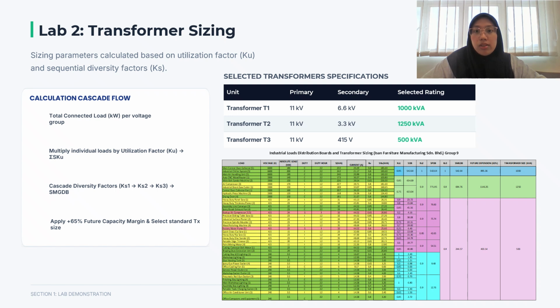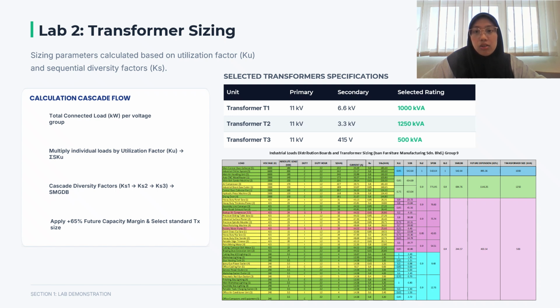Second, we apply diversity factors to group load on the same distribution board. Third, we apply diversity factors to group distribution boards at the same voltage level. And fourth, we apply KS3 of 0.9 to combine all load at the main switchboard. Finally, we added 65% for future expansion and selected the nearest standard transformer size.